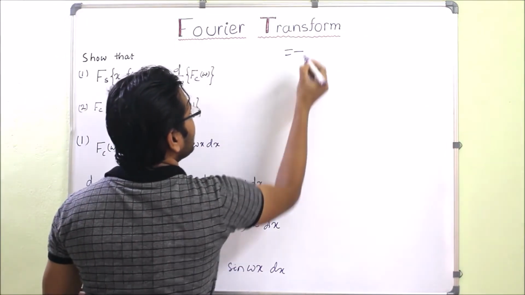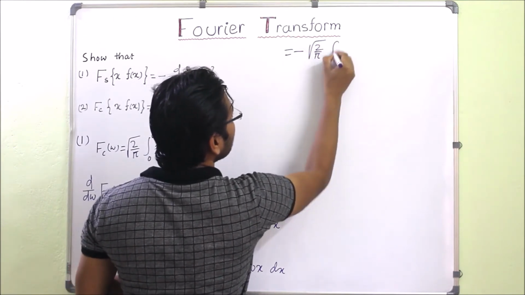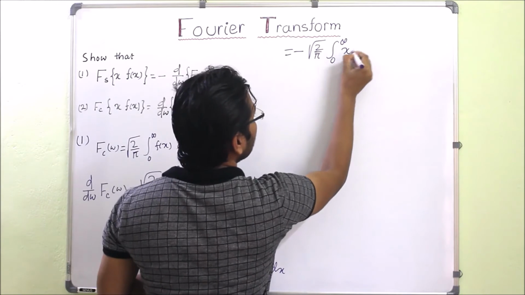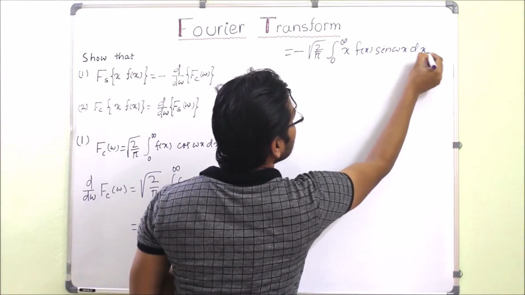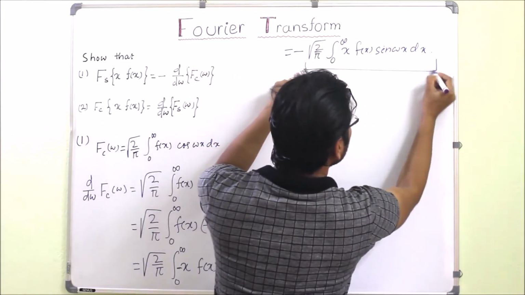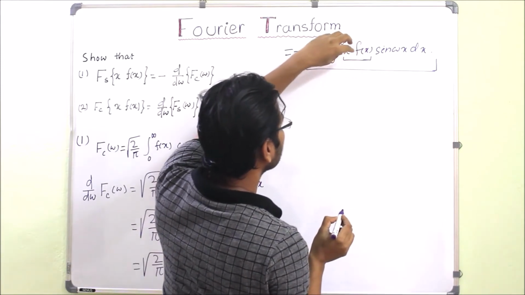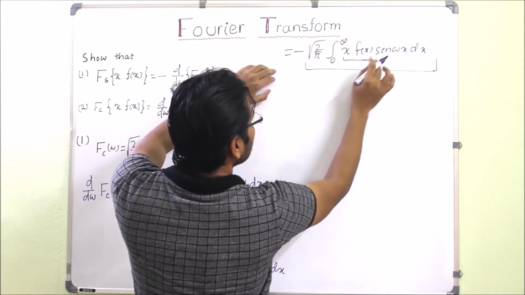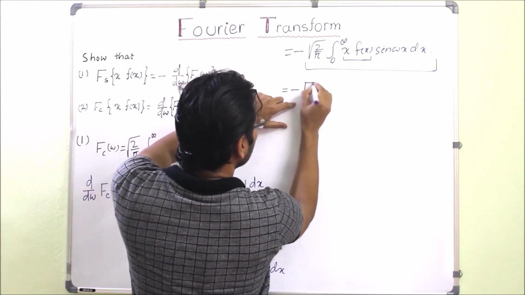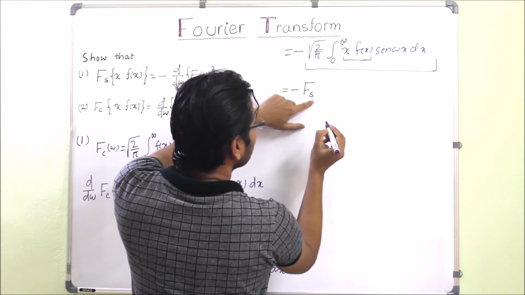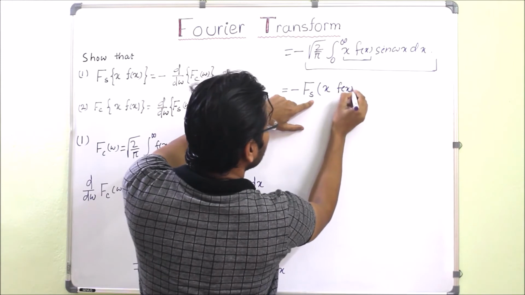Now if you see this, it is minus of square root of 2 by pi integration from 0 to infinity x f of x sin wx dx. But what is the formula? If we take x f of x as one function, then this will be minus of the Fourier sine transform of x f of x.